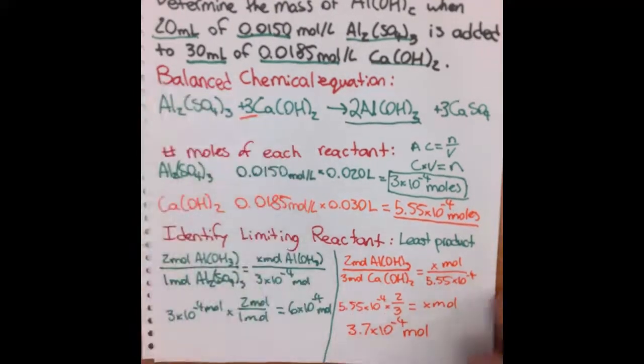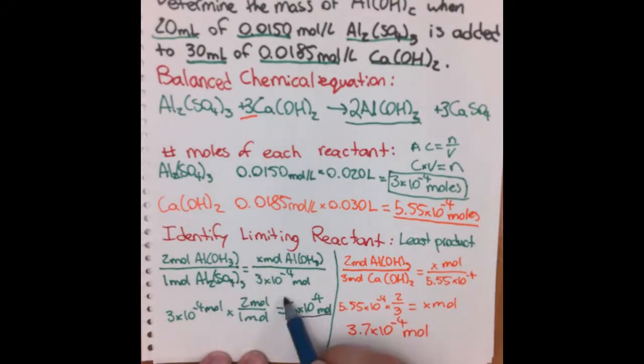So now, in order to determine which one is limiting, we have to look at how much aluminum hydroxide is produced from each scenario, right? If we were only using aluminum sulfate with excess calcium hydroxide, we would produce 6 times 10 to the negative 4 moles.